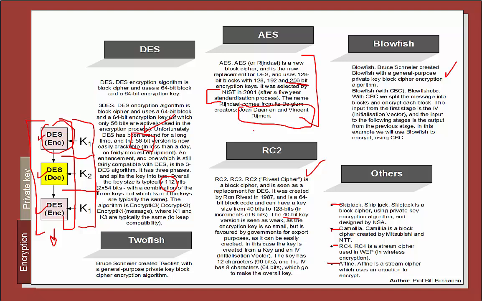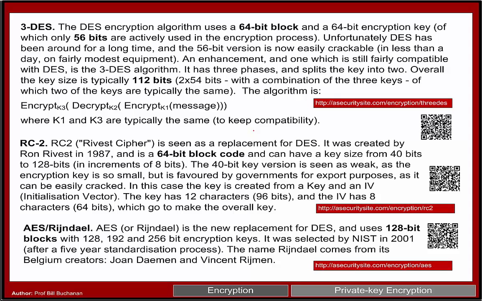Okay, but AES is the one that's really the most robust just now, and it's used fairly extensively in industry. Anything 128 bits and above is highly secure. 256 bits is rock solid security. Okay, so there's some of the ones: 3DES, RC2, and Rijndael.